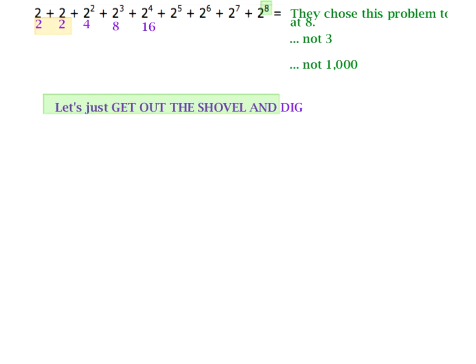Let's think about why for a second. I didn't want to end it at 3 because then it would be too obvious that you could just do it. You wouldn't have to overcome a psychological barrier to get out the shovel and dig, because there wouldn't really be much of a hole to dig.